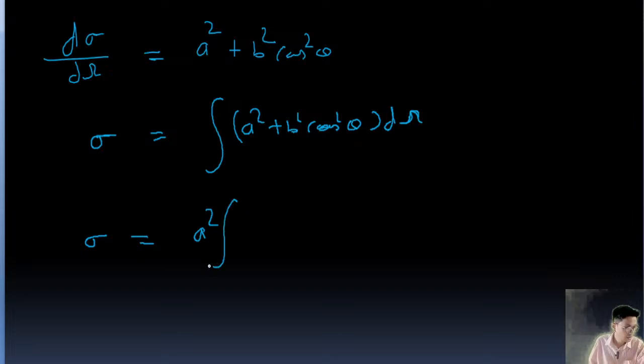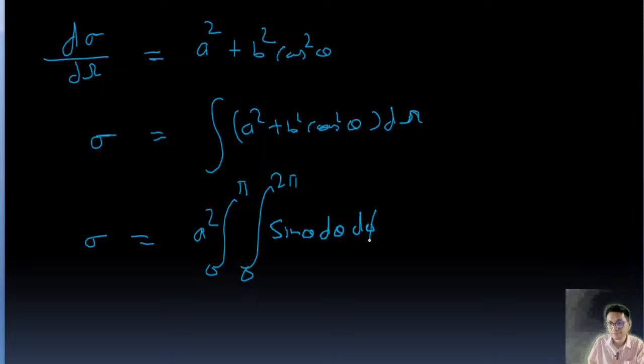The limits are 0 to pi and 0 to 2 pi only, because this is a function of theta and phi.